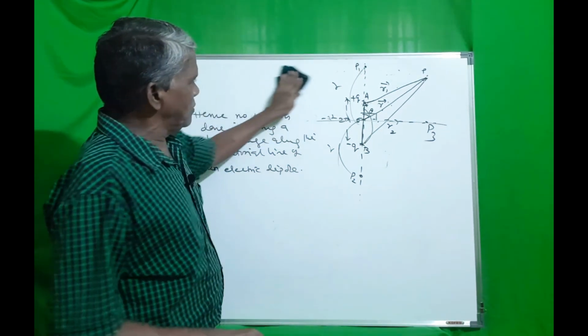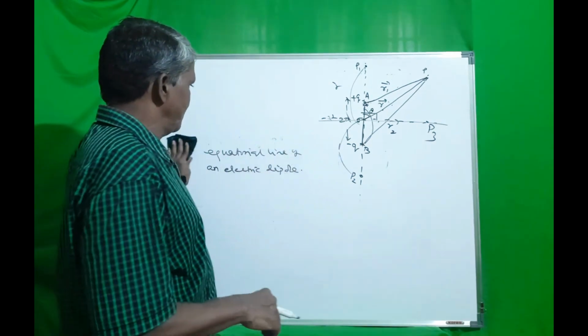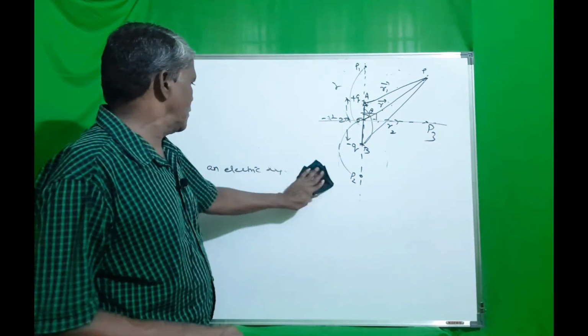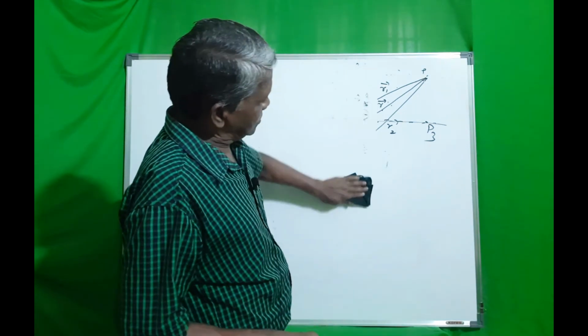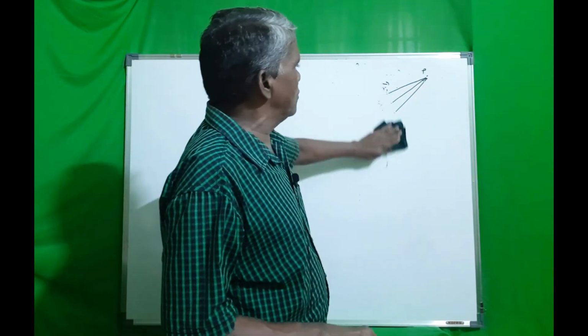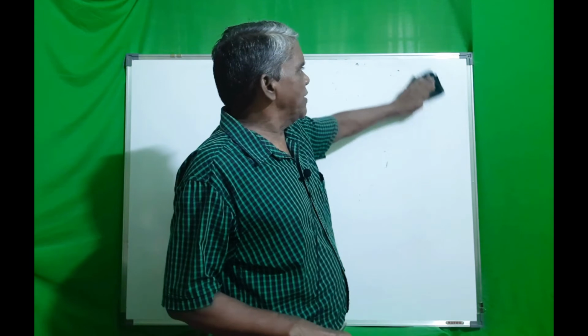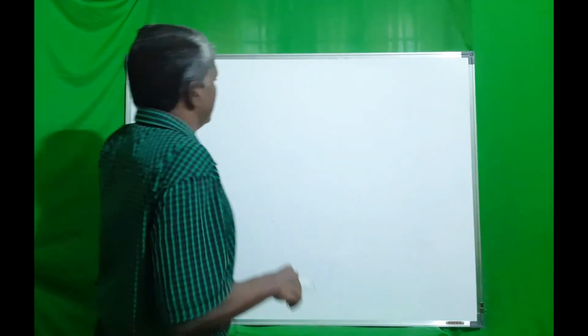Now discuss equipotential surface. The very term indicates a surface on which potential is the same everywhere, an equal potential surface.